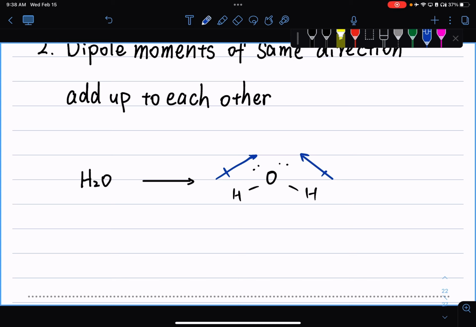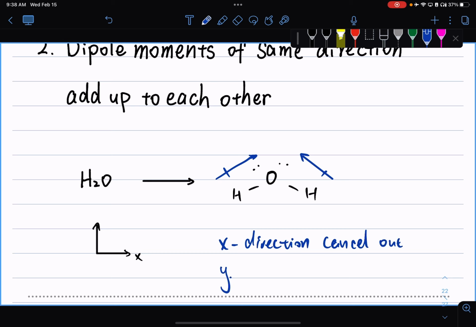And this one, you need to use a little bit of math. So right now, we have 2 directions, right, you have the x direction and the y direction. So apparently, in each of these vectors, the x direction cancels out, but the y direction adds up to each other.